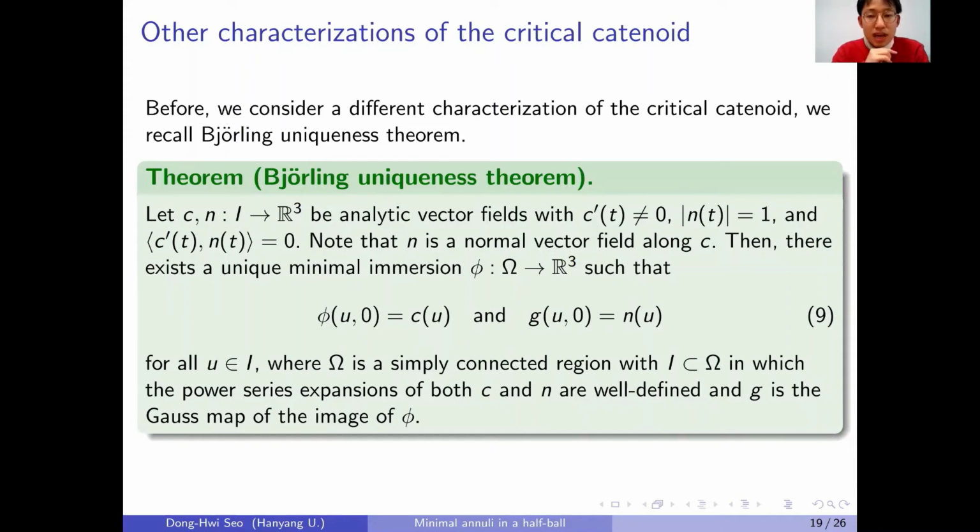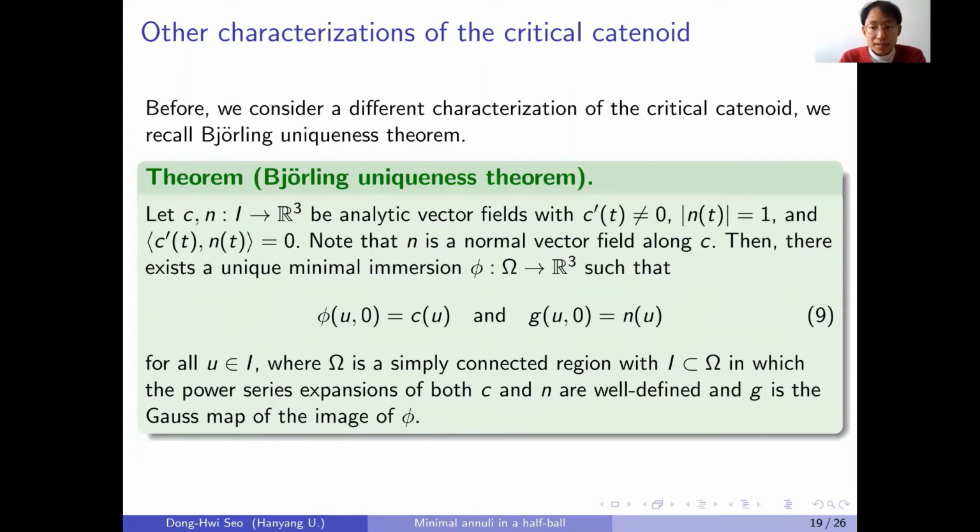This theorem says that if we have an analytic curve in R3 and an analytic normal vector field N, such that the tangent vector of the curve is non-zero, the length of the normal vector is 1, and the tangent vector is perpendicular to the given analytic normal field, then we have a minimal immersion phi that contains the analytic curve and whose Gauss map along this curve is the given normal vector field.